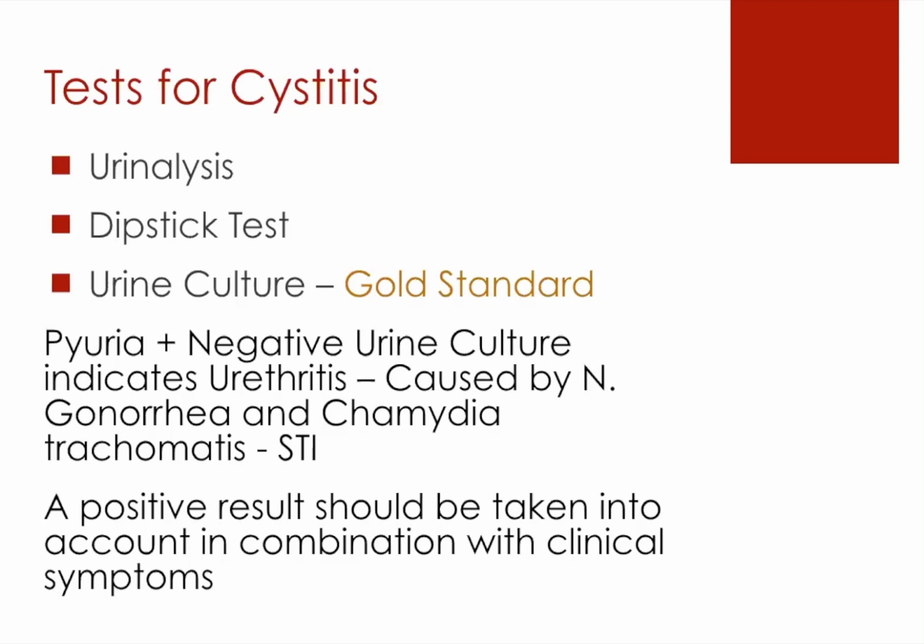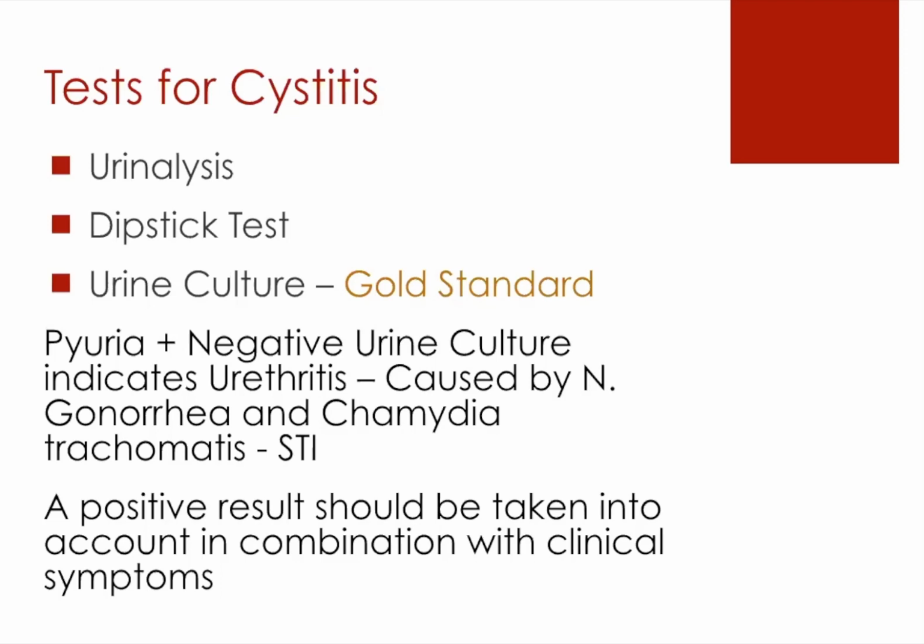A clean catch means that you've taken the midstream urine, because the initial production of urine will catch bacteria at the end of the penis or the vagina, and that would contaminate the catch. So you want to get a midstream sample that's taken in a way that prevents you from getting any organisms from the end of your genitals. So that midstream urine catch is the gold standard for testing.